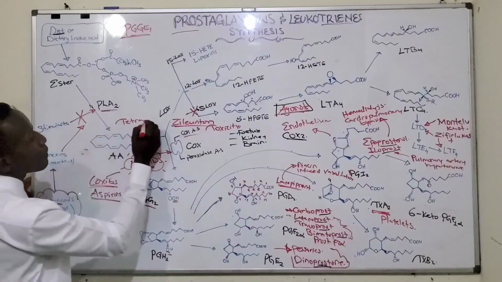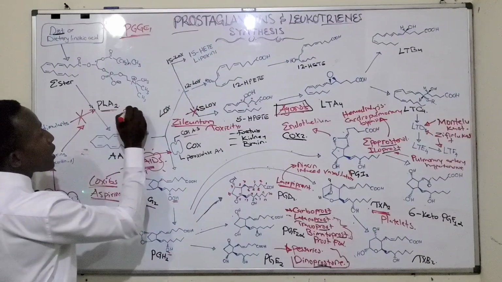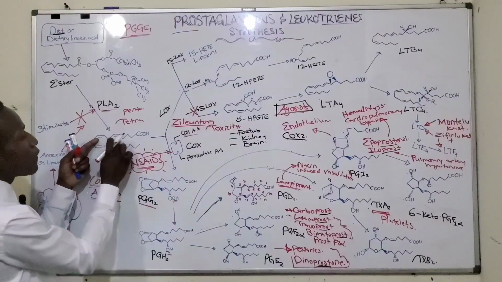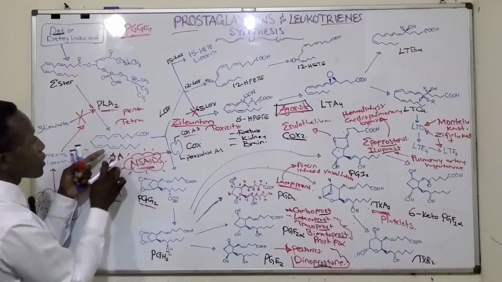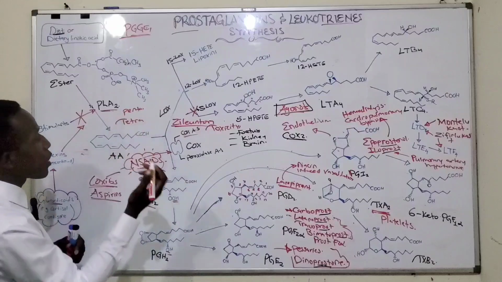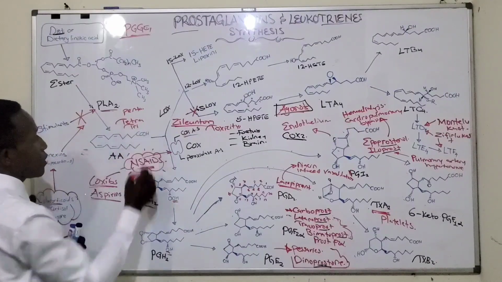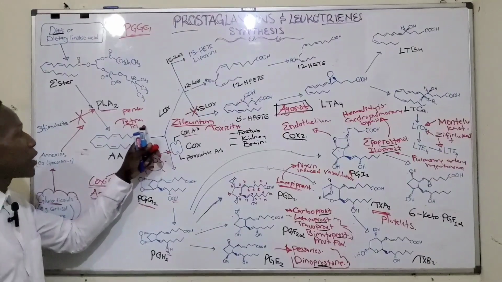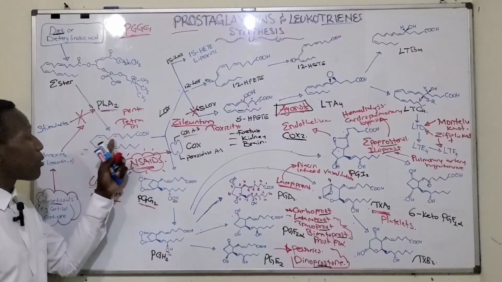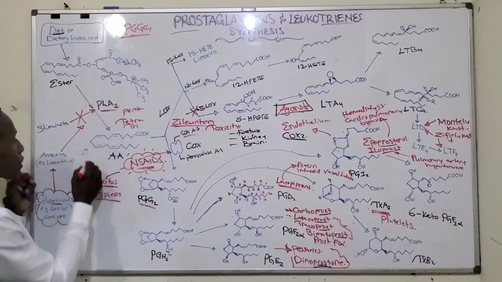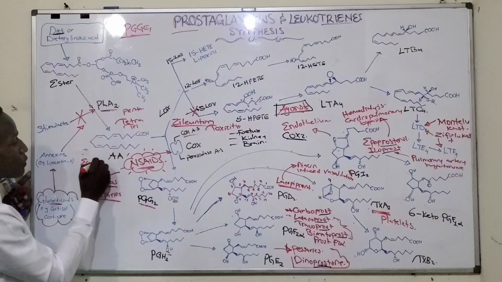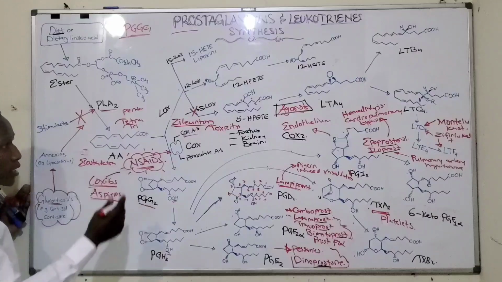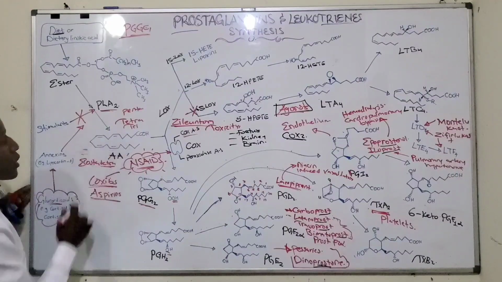But we have also the penta, meaning that the fatty acid has 5 double bonds. This one has 4. Plus, we also have the tri, which will have 3 double bonds. But this one is an eicosatetraenoic acid. It has 4 double bonds.